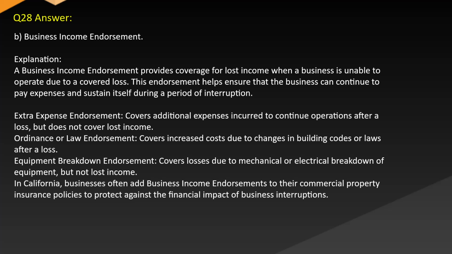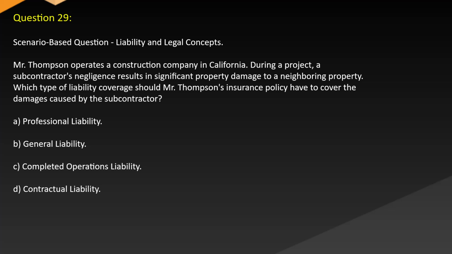Ordinance or law endorsement covers increased costs due to changes in building codes or laws after loss. Equipment breakdown endorsement covers losses due to mechanical or electrical breakdown of equipment, but not lost income. In California, businesses often add business income endorsements to their commercial property insurance policies to protect against the financial impact of business interruptions.